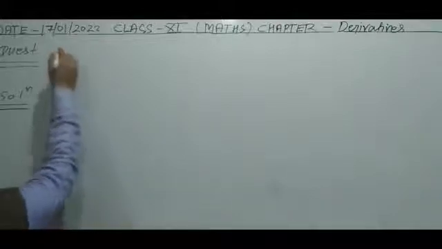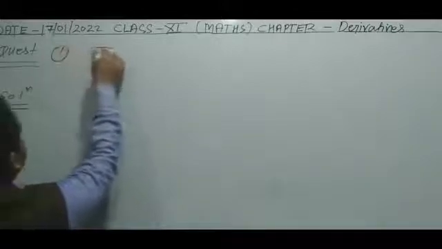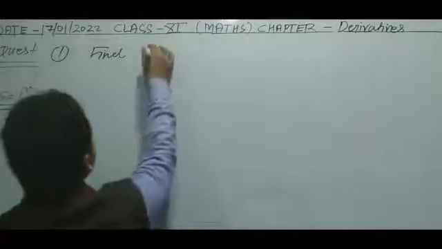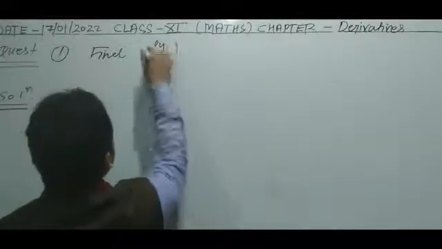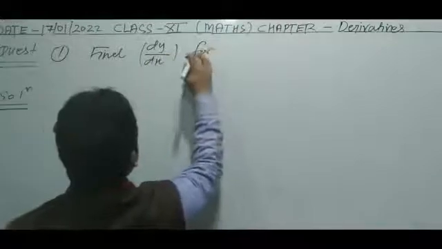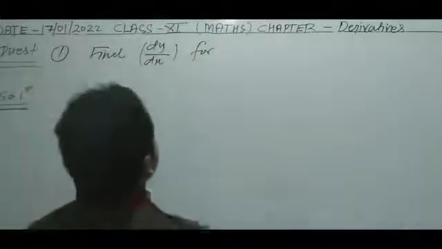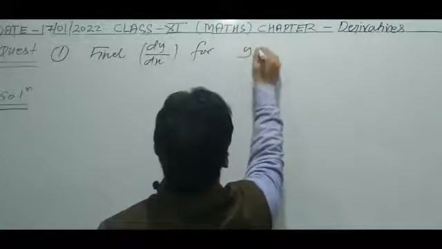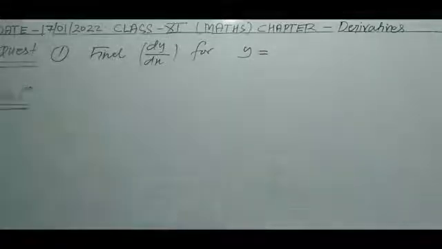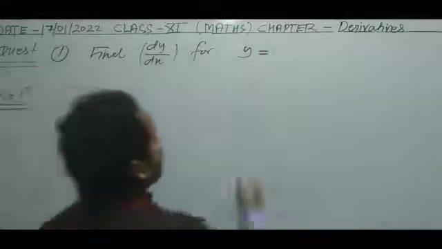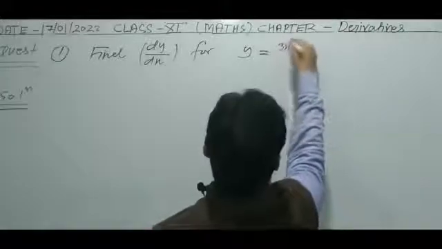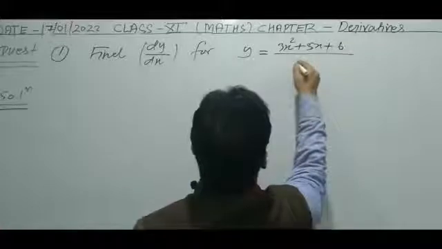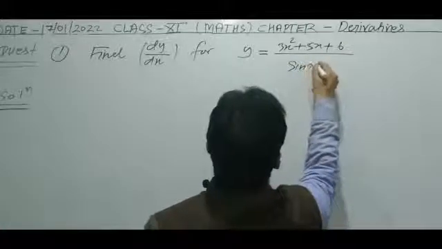So this is question number 1. Find dy by dx for y is equal to 3x square plus 5x plus 6 whole upon sin x.